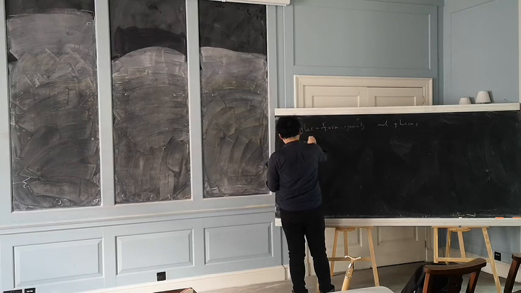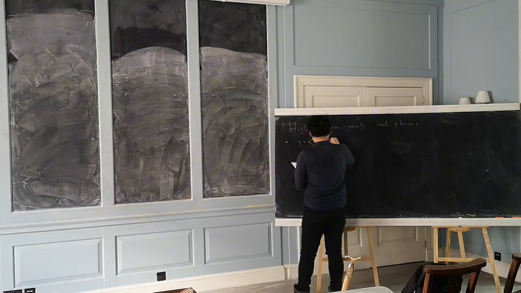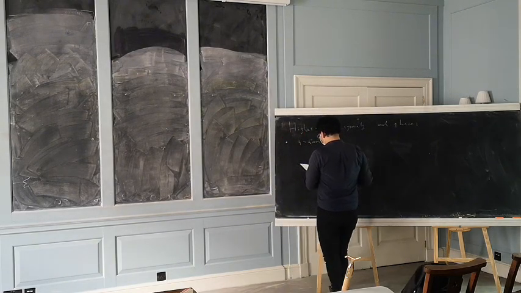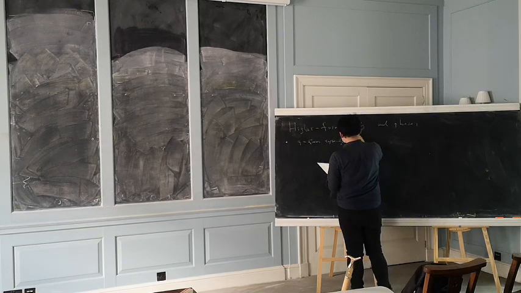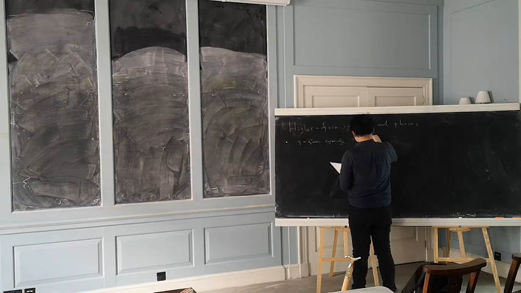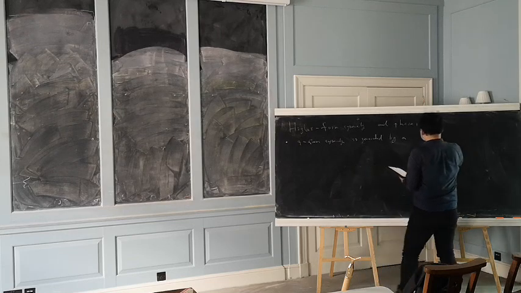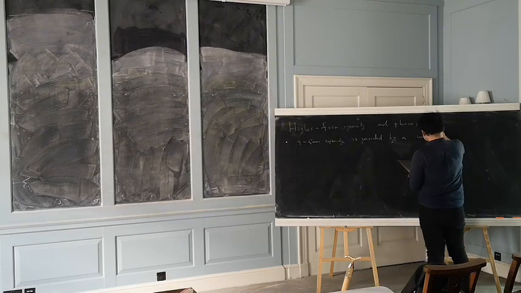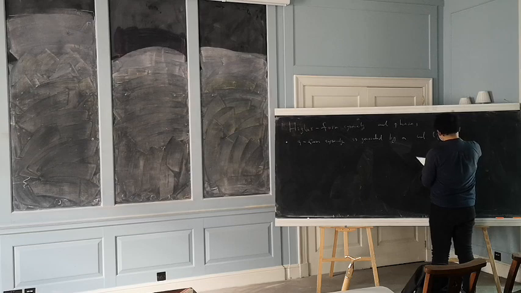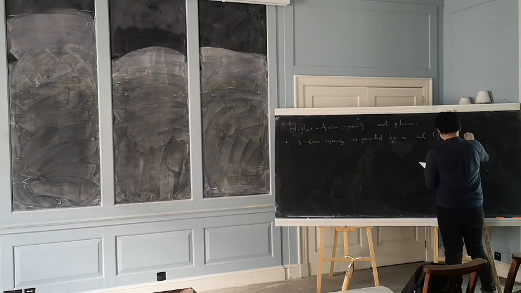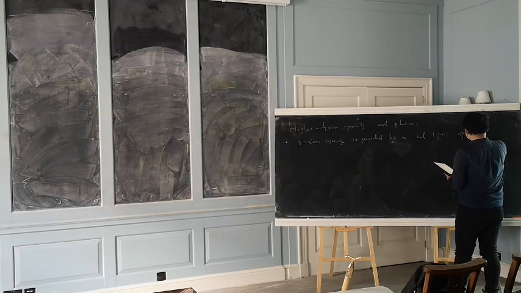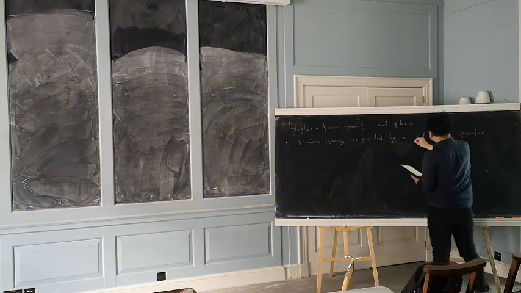So a Q-form symmetry is generated by a codimension Q plus 1 operator. So here codimension is with respect to the spacetime.